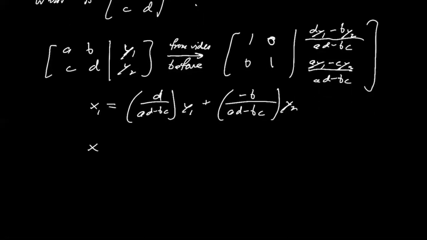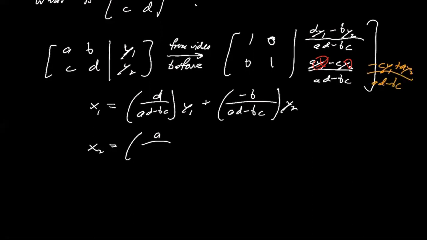And x2, if I rewrite this expression similarly, it's a over ad minus, wait, I think I have my y2s and y1s backwards. In fact, I'm sorry, I miscopied this for myself. Let me fix this. This should have been minus c y1 plus a y2 over ad minus bc.